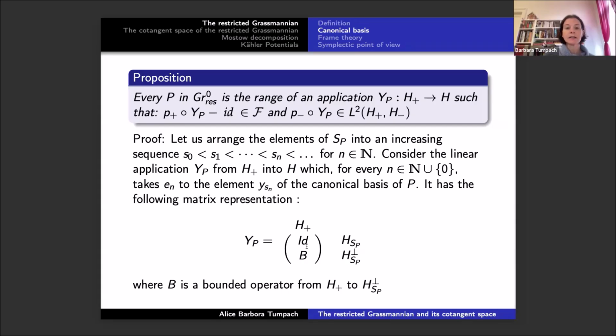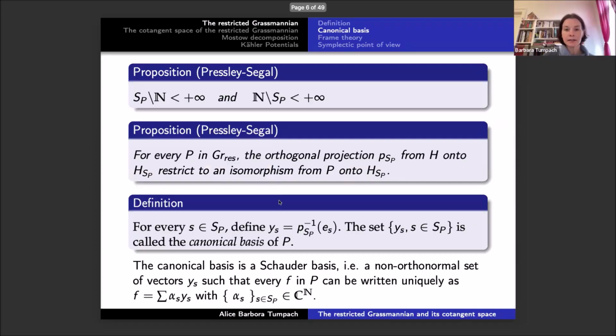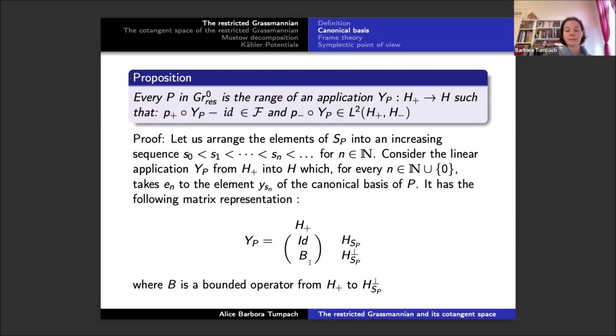So this comes exactly, if I go back, from the definition of the element YSn as the inverse image of an element of the basis by the inverse of the projection. So we have this decomposition.